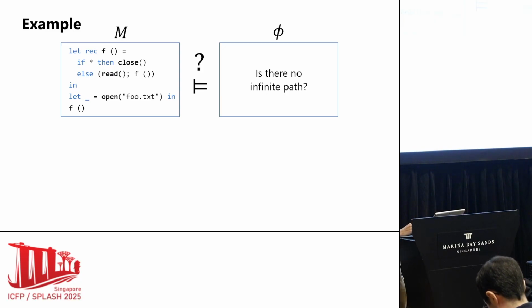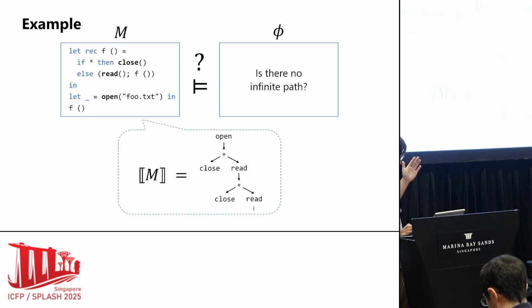Here open, close, and read are file operations, and I suppose that file resources are maintained globally in the backend. Otherwise, the read operation is executed first, and then the same process is repeated. The main program first opens the file, and then the recursive function is called.